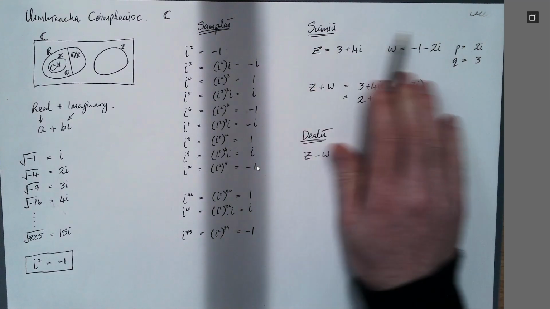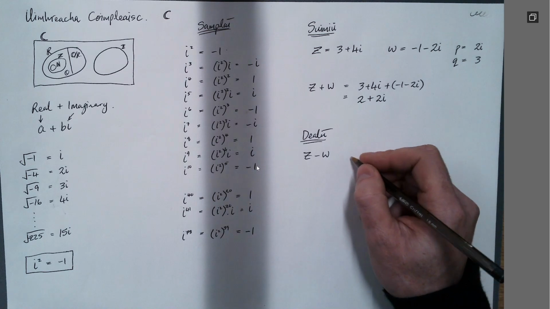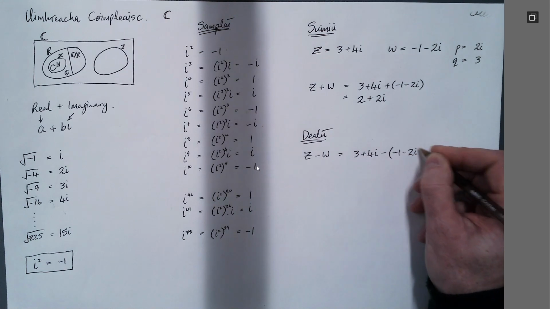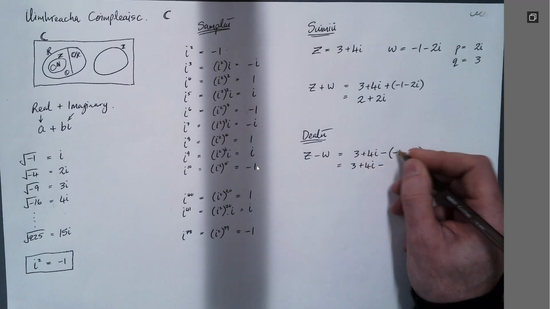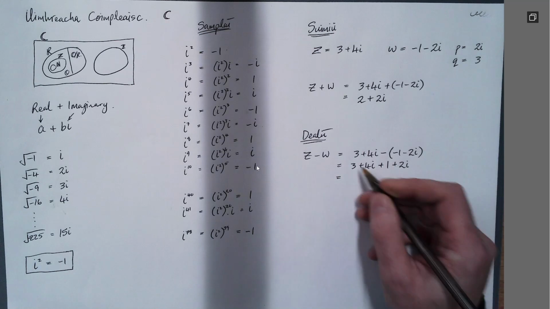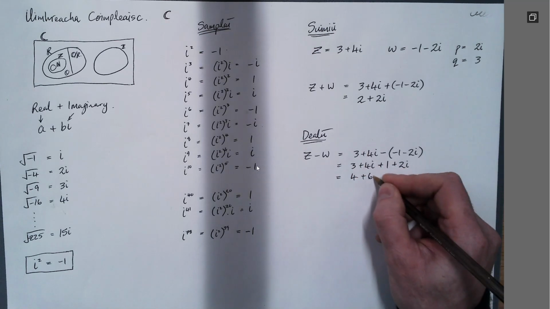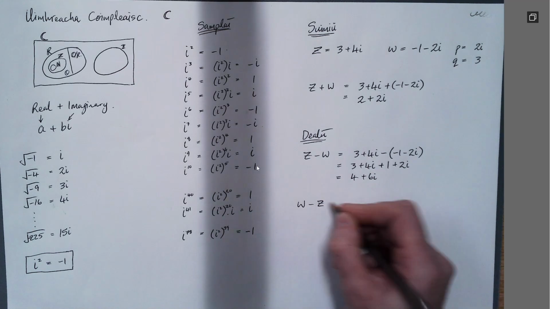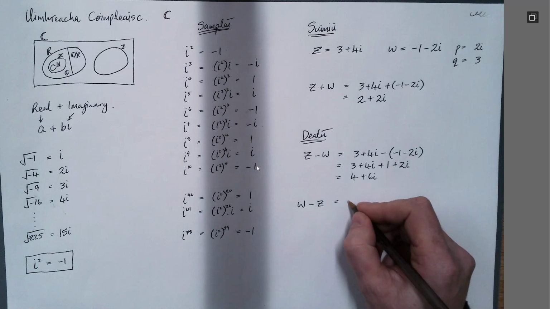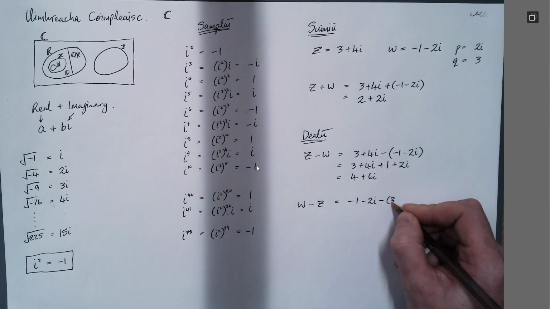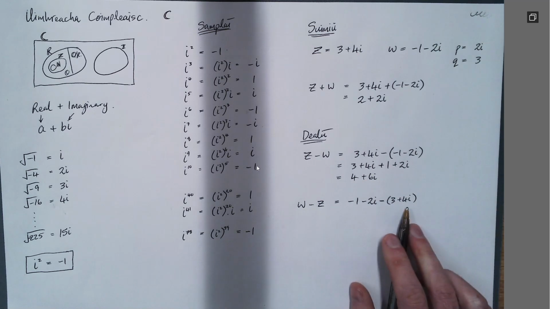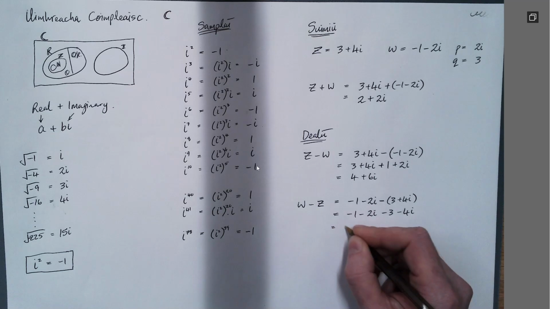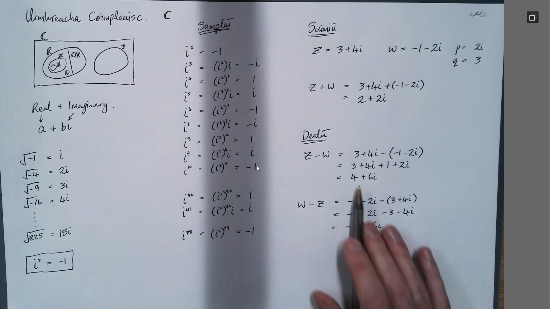Okay, the difference is z minus w, so 3 plus 4i minus the brackets 1 plus 2i. So 3 plus 4i minus 1 minus 2i, which gives 3 minus 1 plus 4i minus 2i, so z minus w equals 2 plus 2i. Now, w minus z, when we reverse it, is 1 plus 2i minus the bracket 3 plus 4i, so minus 3 minus 4i, which gives minus 2 minus 2i. Just the signs differ.